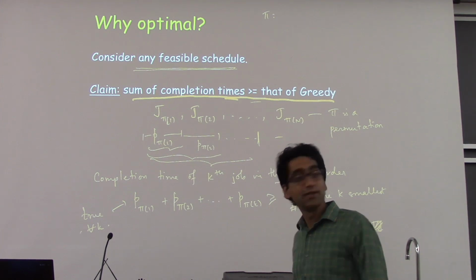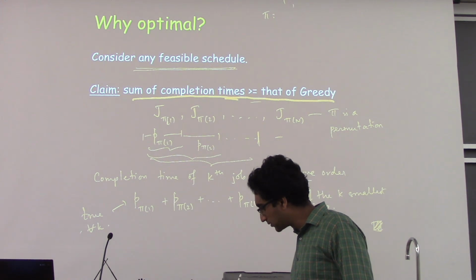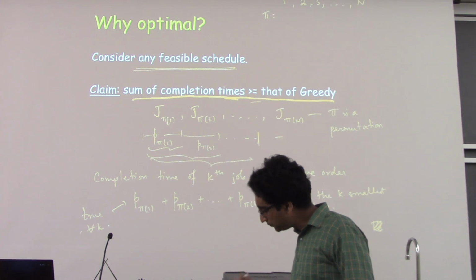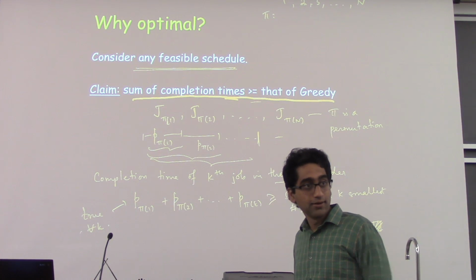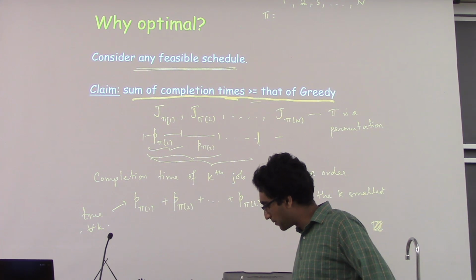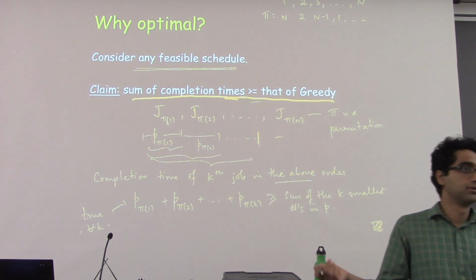Pi is any permutation. Think of it as, so you have numbers from 1 through n, 1, 2, 3 up to n. Think of pi as an array. Pi is some array which is maybe 2, n minus 1, 1, something like this. This is just a permutation of these numbers 1 through n.